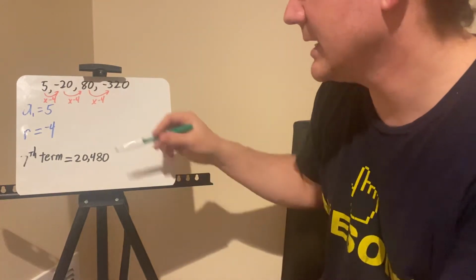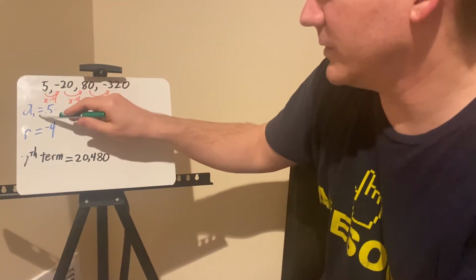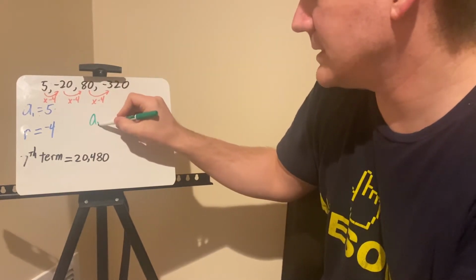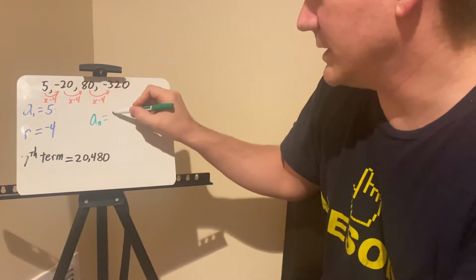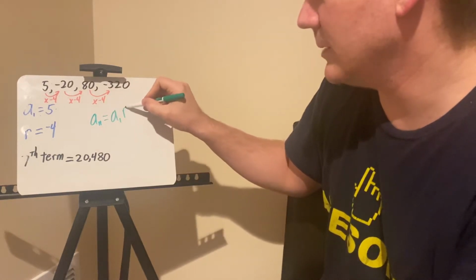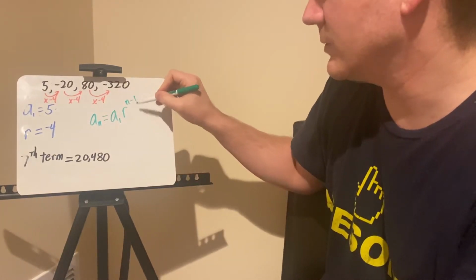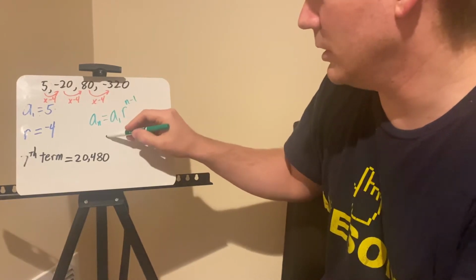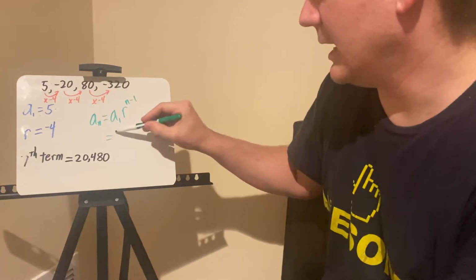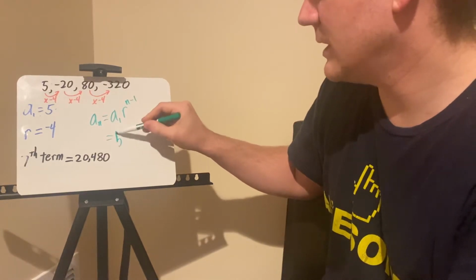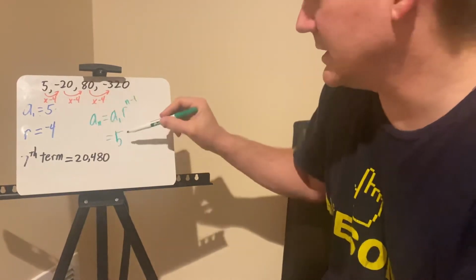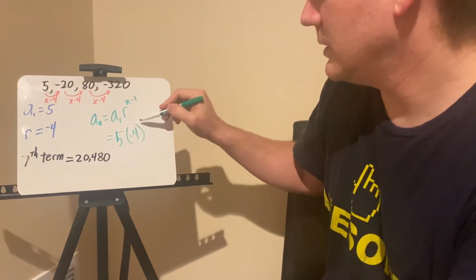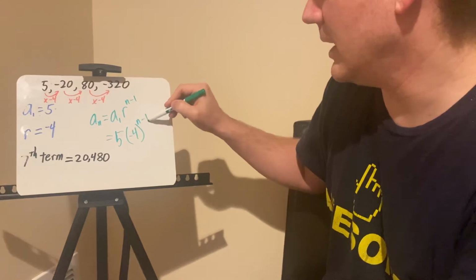So in this case, our a sub 1, our first term, is going to be 5. So if we were to say a sub n, whatever term it is, equals a sub 1 times r to the n minus 1, we could say that a sub n is going to equal 5 times r, which in this case is going to be negative 4, to the n minus 1.